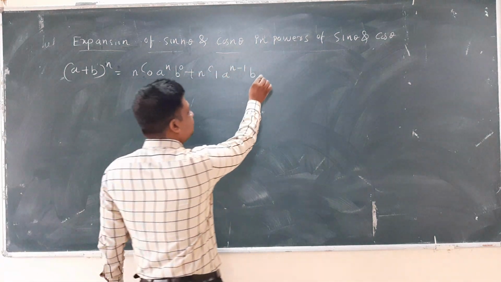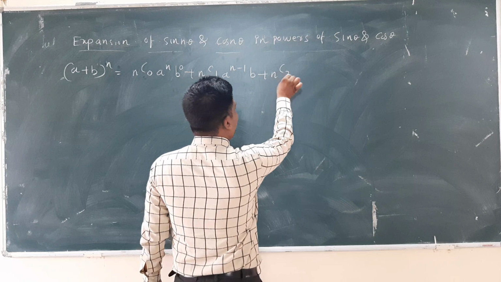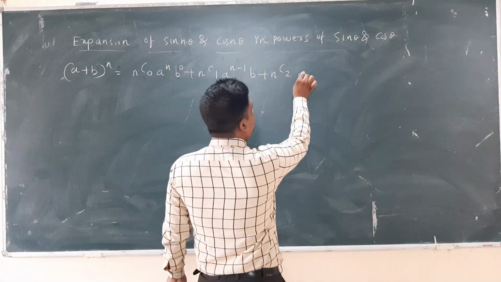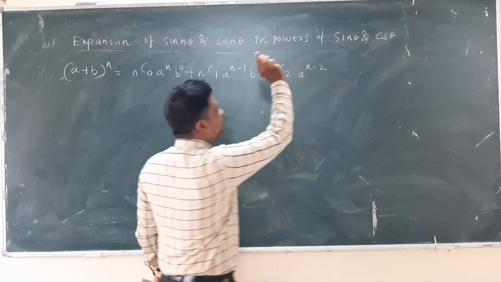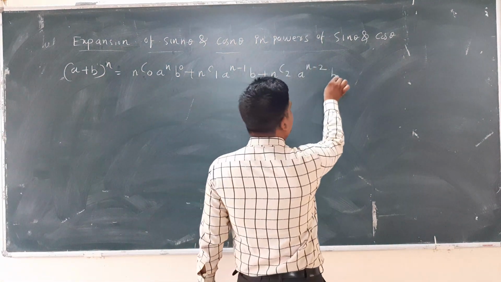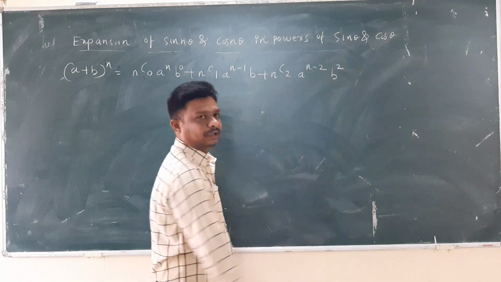Then plus nC2, again you decrease the power of a by 1 and increase the power of b by 1.